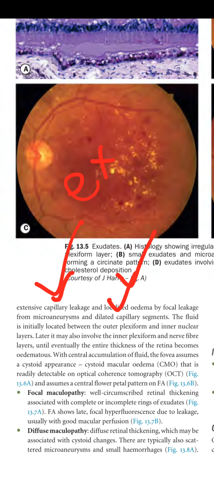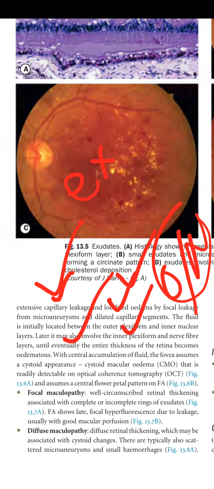The fluid is initially located between the outer plexiform and the inner nuclear layer. Later, it may also involve the inner plexiform layer and nerve fiber layer until eventually the entire thickness of the retina becomes edematous. So first it involves the outer plexiform layer and the inner nuclear layer, then the inner plexiform layer and nerve fiber layer, and then the whole thickness is involved.